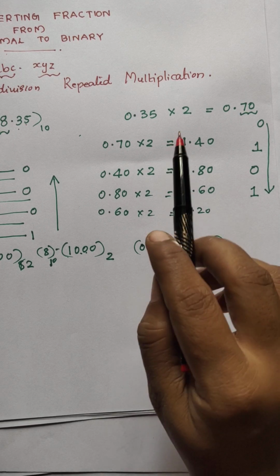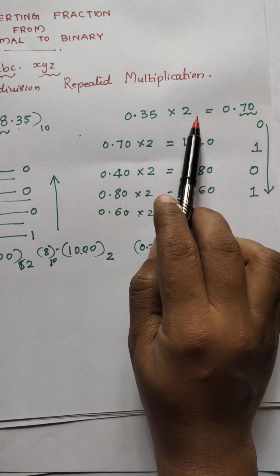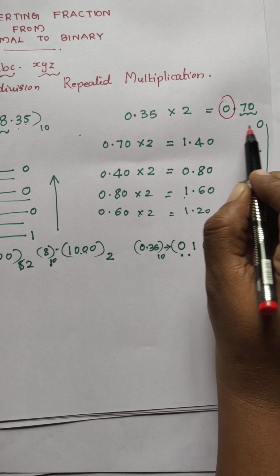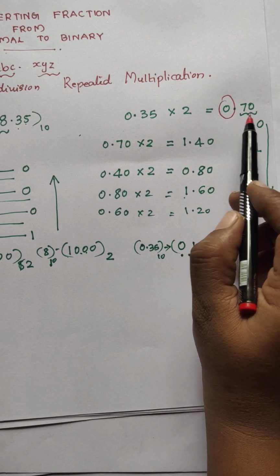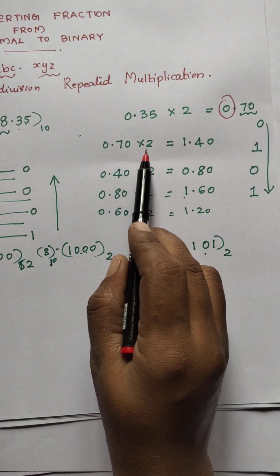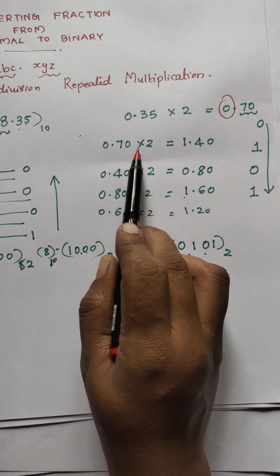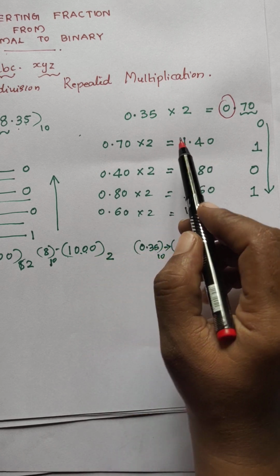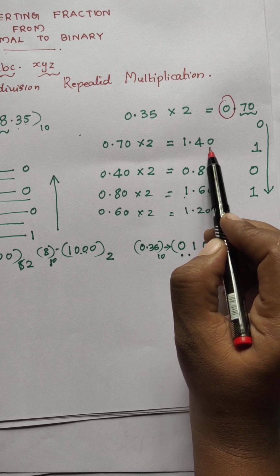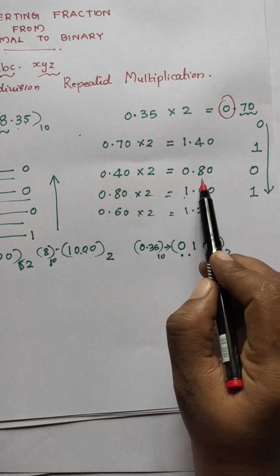See, the repeated multiplication method. First of all, 0.35 into 2 is 0.70. We take this 0, which we have written here. Then the remaining portion, 0.70, into 2, that is repeated multiplication by 2, gives 1.40, and we take this 1 that we have written here. The remaining portion is 0.40 into 2, 0.80.